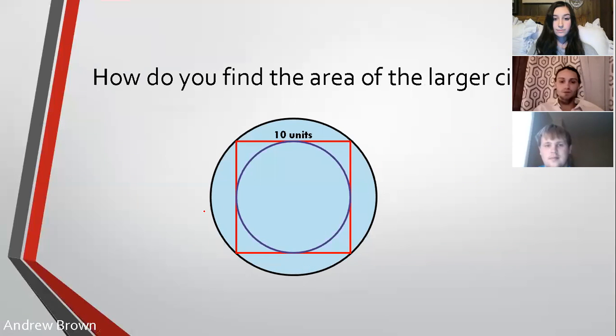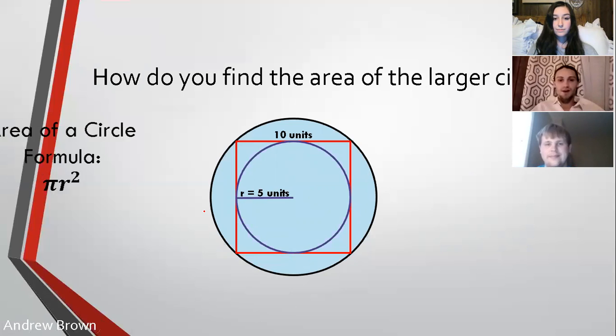So all we have to do is just find the radius of the larger circle so that we can plug into the formula. So in order to find the radius, we're going to use the Pythagorean theorem, a squared plus b squared equals c squared. Since we know the radius for the smaller circle, we're going to plug 5 in for both a and b.